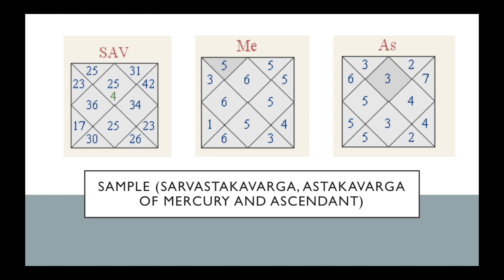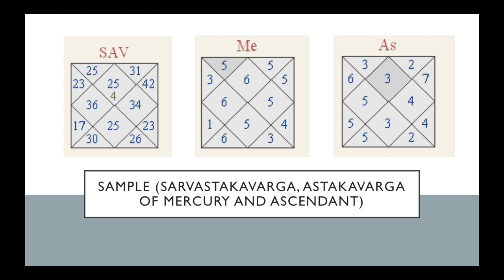In my next video, I will tell you the significance of Vinastaka, but today just understand that Vinastakavarga is this. Similarly, the Vinastakavarga of the ascendant is how many benefic points the ascendant gives to each of the houses, and the points can be anywhere between 0 and 7.